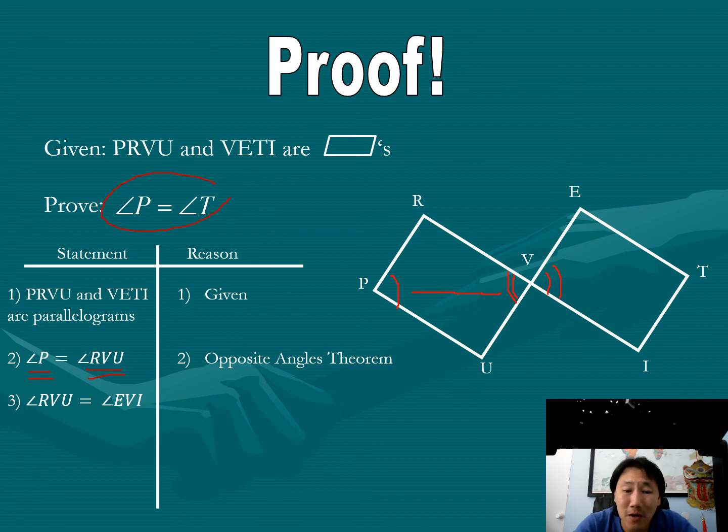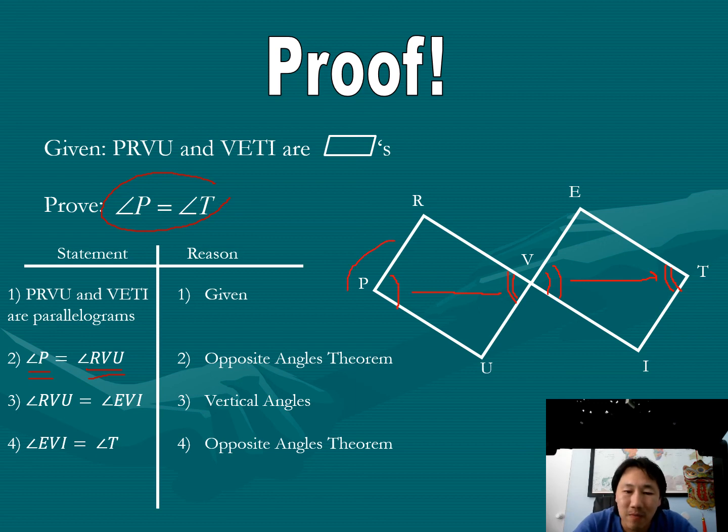How do we know they're equal? They're vertical angles. All vertical angles are equal. Let's keep going. Angle EVI is equal to angle T. Why is angle EVI equal to angle T? Again, it's a parallelogram, so opposite angles are always equal to each other.